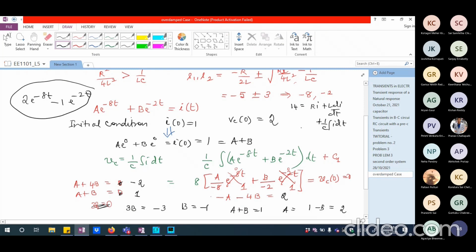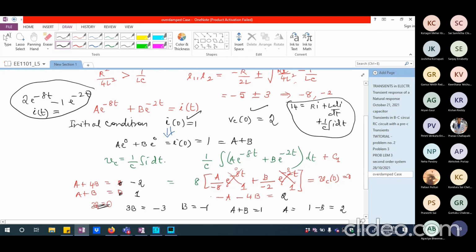In which case, maybe we are not even satisfying the original equation when we say I equal to 0 and Vc equal to 0. That is the reason why we are not getting a proper solution. So this is the solution that comes for I of t when we are assuming the initial conditions like this.